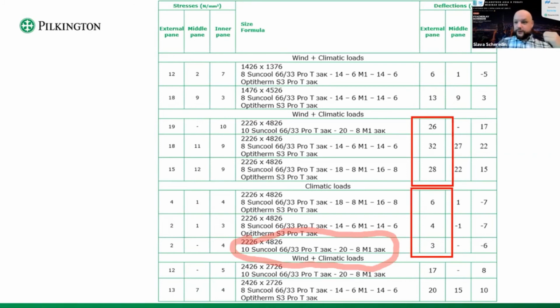Of course, it can also be visualized, and the previous speaker had a very good presentation about BIM possibilities. It can all be visualized with BIM and visually estimated in advance. Some nuances to this, because different IG units react differently to the loads.